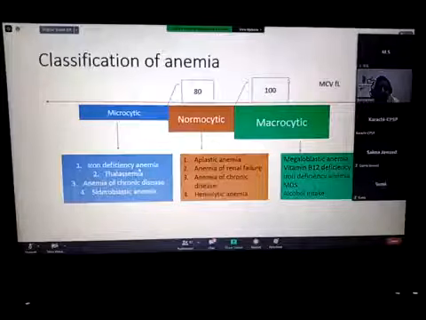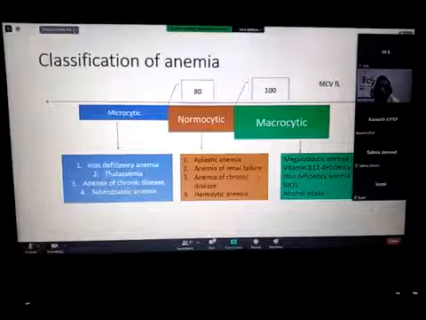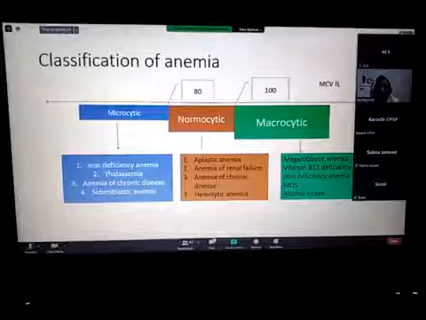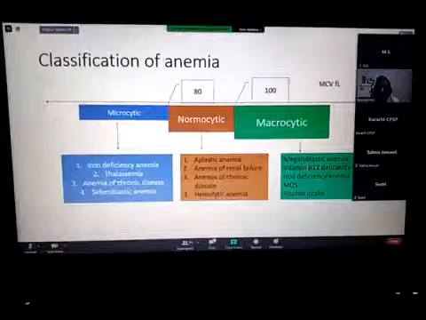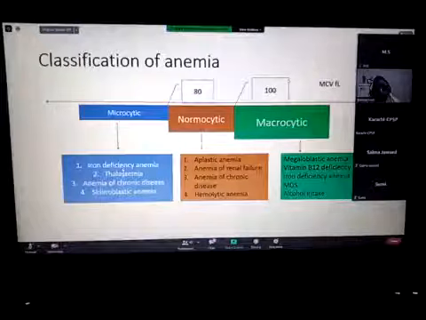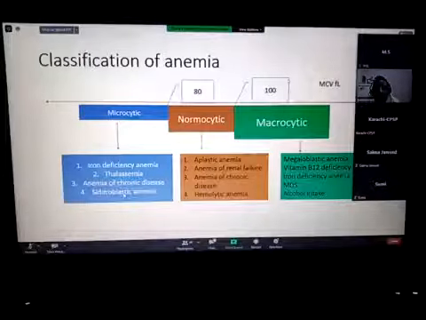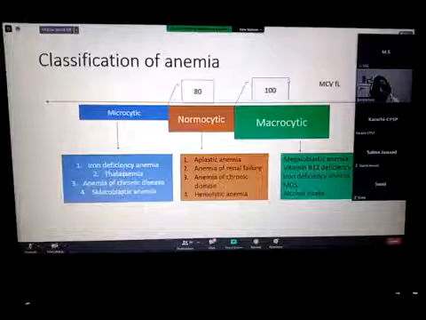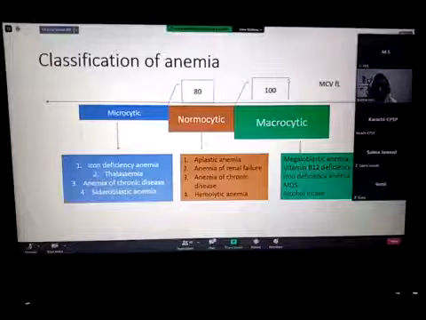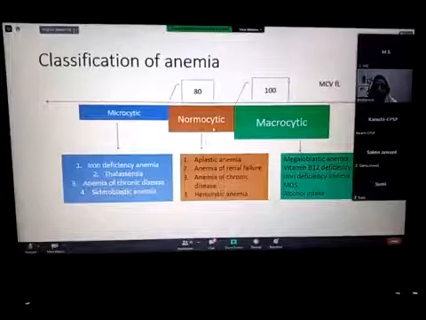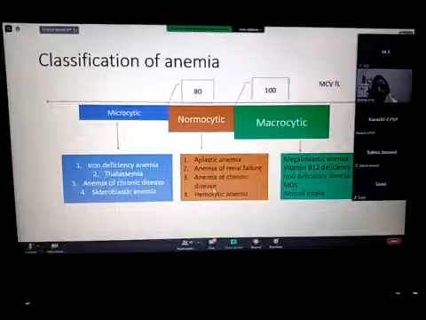They are hungry for iron, or they have less hemoglobin in them due to various reasons. The classical examples are iron deficiency anemia, thalassemia, anemia of chronic diseases, and sideroblastic anemia. I'll do these two in a little more detail because these are the ones which are common and you should know more about these.